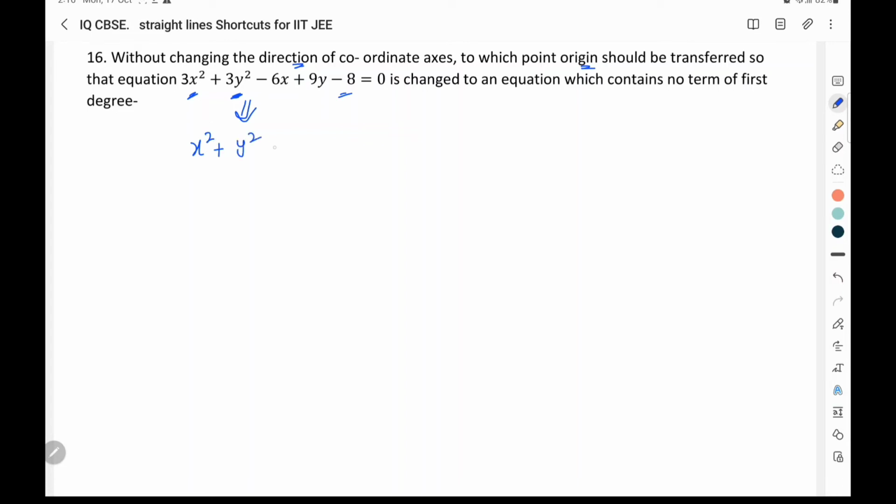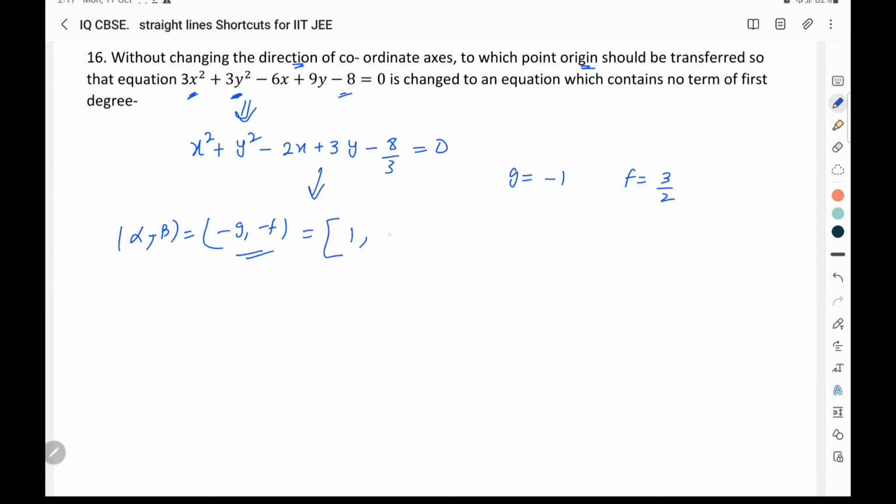So I'll get x square plus y square minus 2x plus 3y minus 8 by 3 is equal to 0. From this the center is minus g, minus f, that is alpha beta. So here g value is minus 1, f value is 3 by 2. So minus g, minus f is 1 comma minus 3 by 2.